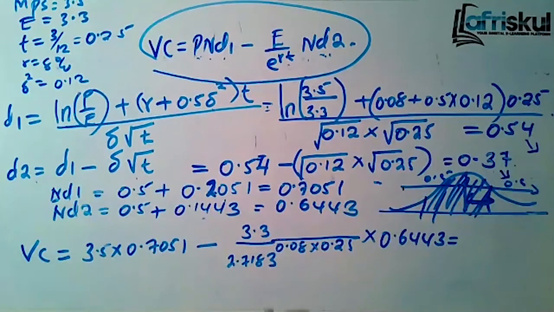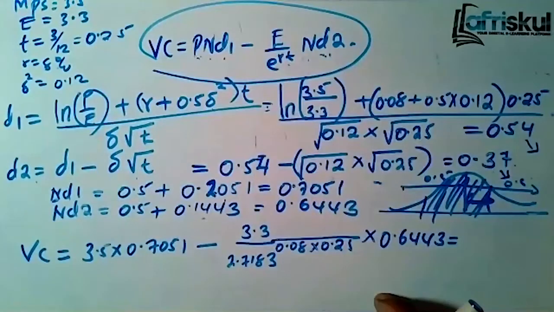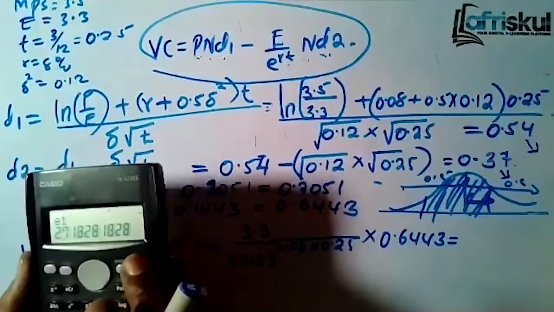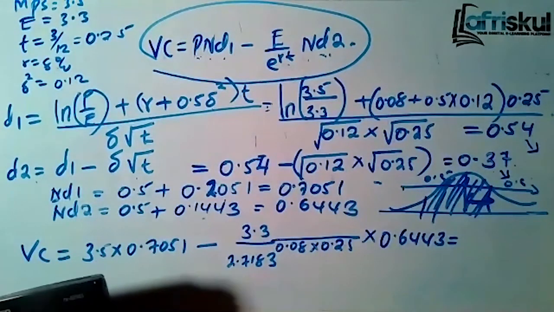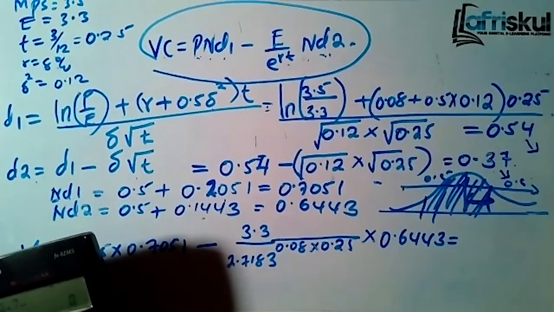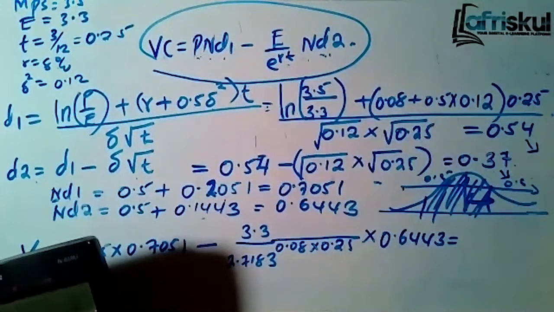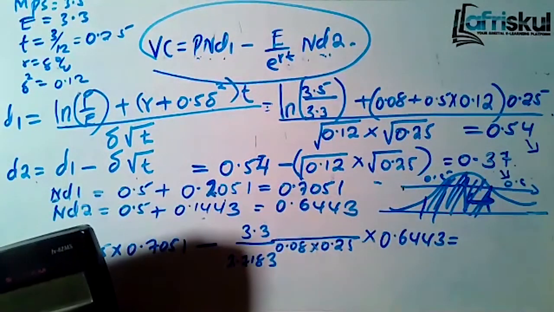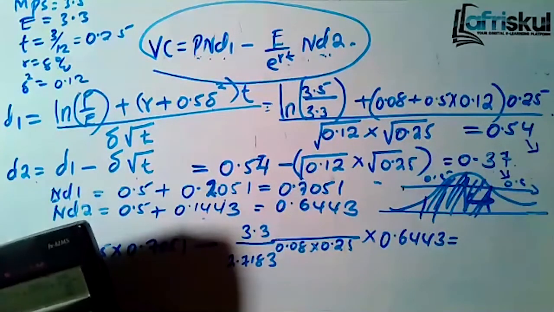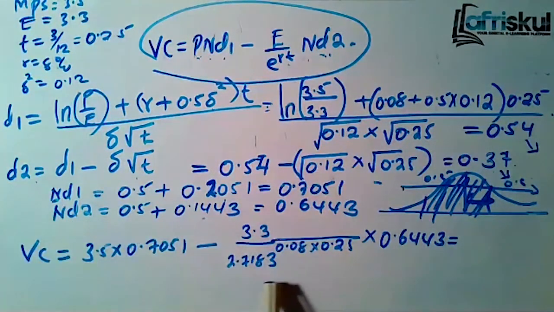Now, I'm sure up to this level, if I give you an opportunity to compute this, most of you will get a wrong figure. So in this case, kindly, when you're doing brackets, apply the rule of BODMAS. See how I'll be computing. You just start with the denominator here. You take 2.7183 raised to power, you open the bracket, 0.08, you multiply by 0.25, you close the bracket, you get the denominator.